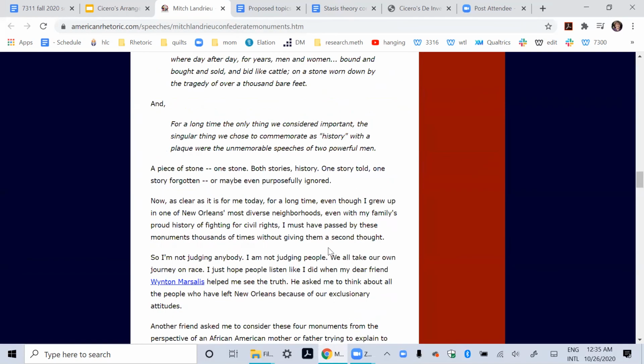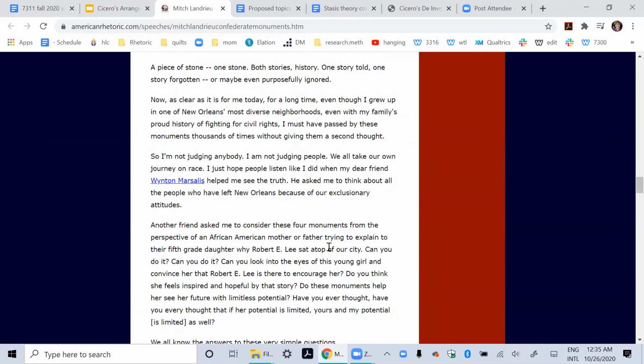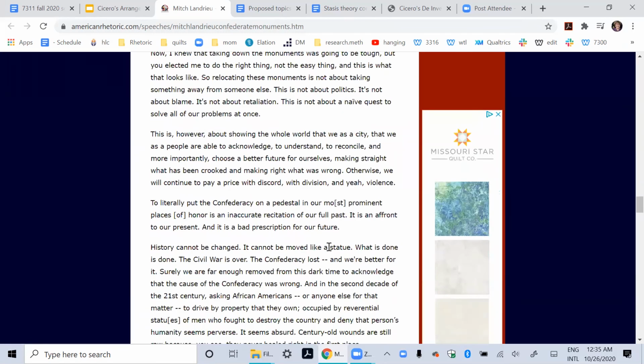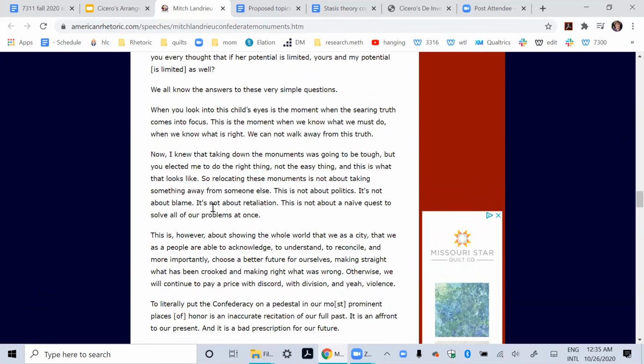So you see here a very short section that's refutation, but he's definitely responding to the objections that have been raised. One of them is that it was going to be tough, but it's the right thing.